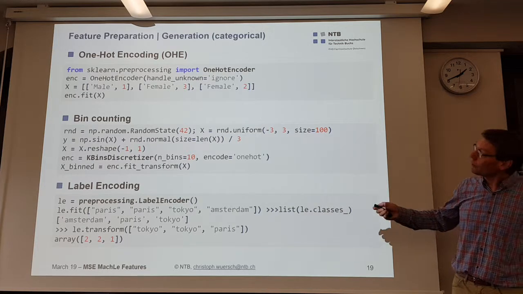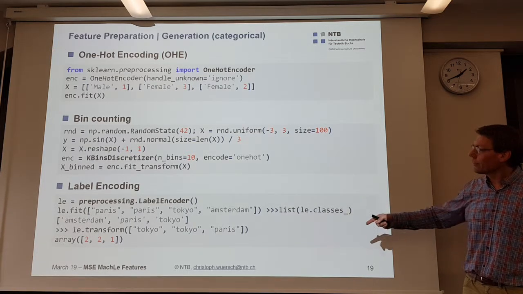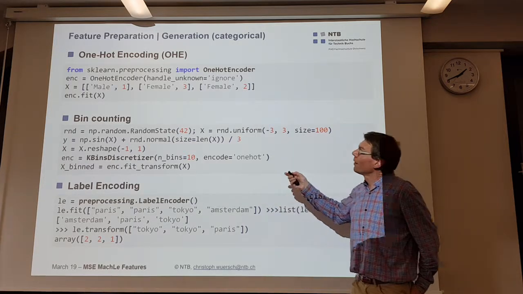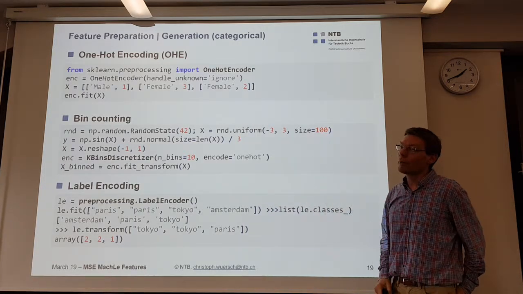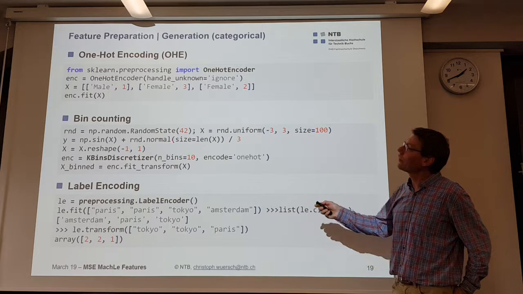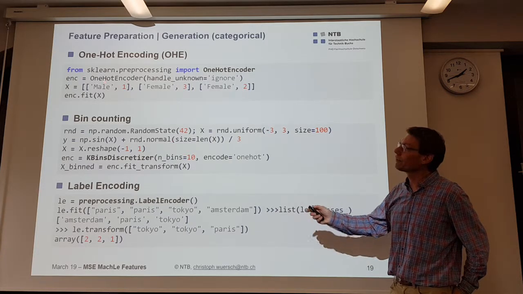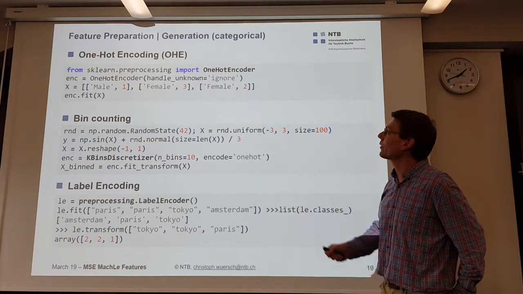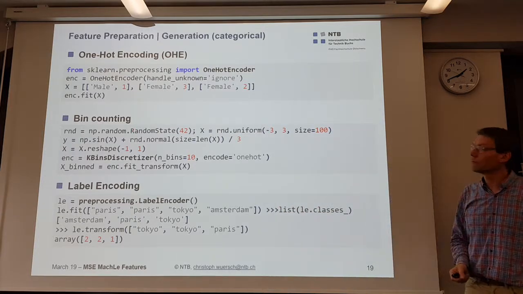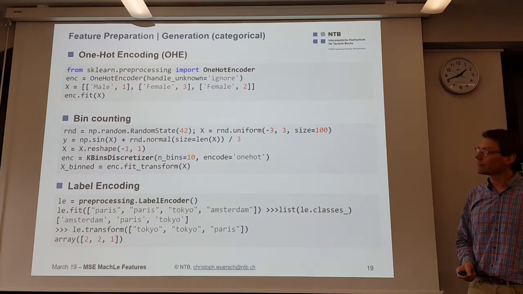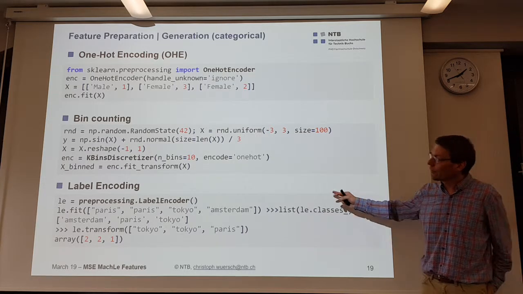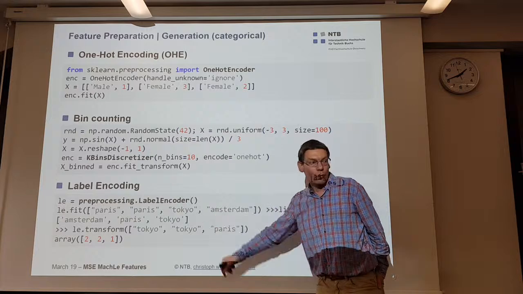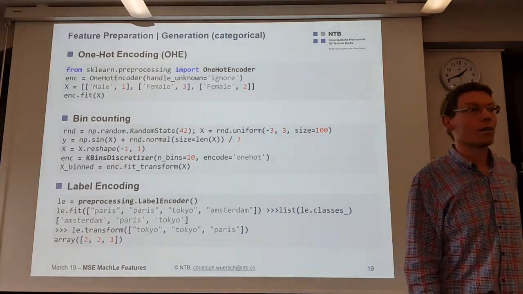One-hot encoding, bin counting, label encoding. I just put here some snippets you can probably use. One-hot encoder is already implemented in scikit-learn, and you can, for example, with your strings here, or nominal features, assign them some values: 1, 2, 3, whatever you like. Bin counting and label encoding here. The label encoder does it automatically, just selects a number.